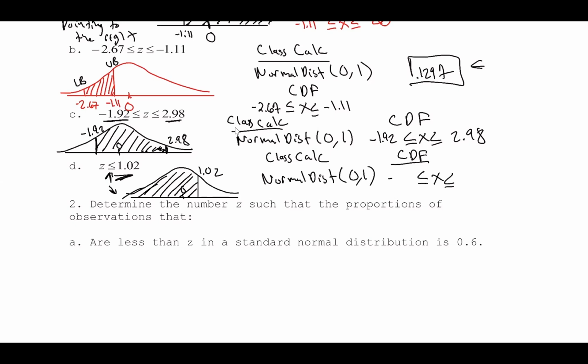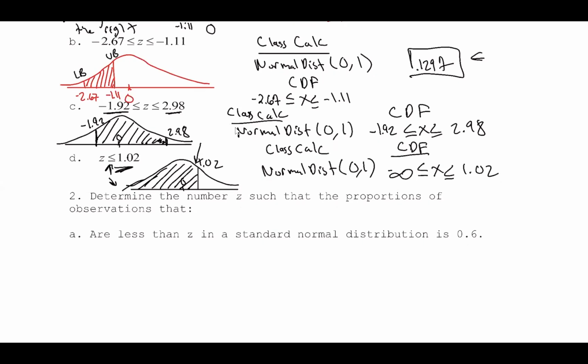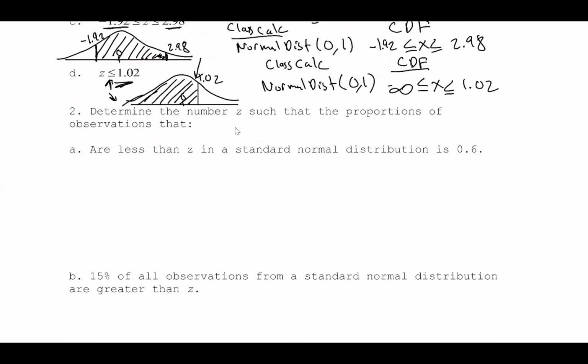This is actually negative infinity. Oh, sorry, it shouldn't go to positive infinity, it should go to 1.02. So this is the upper bound. All right, that's how you want to set up part D. Any question in regard to part D? All right. So let's do number 2.